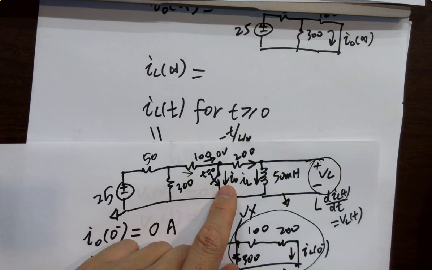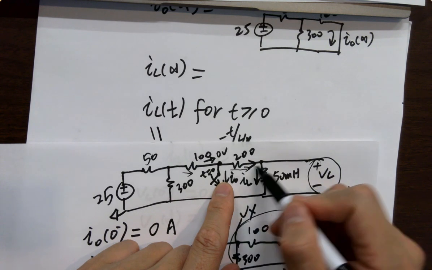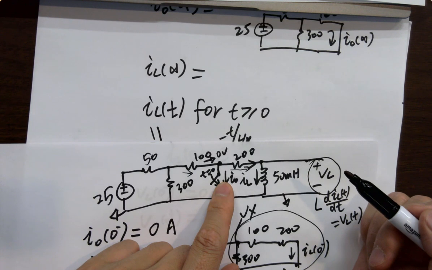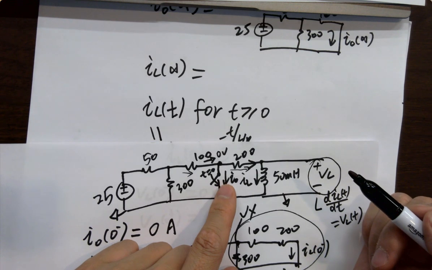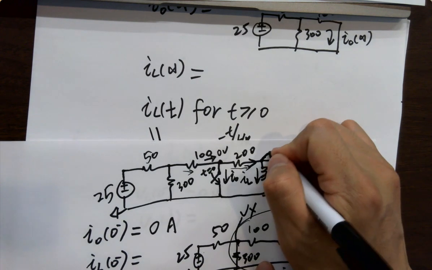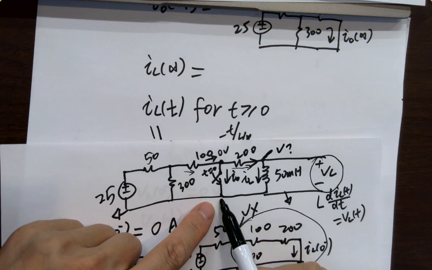Do you know this current is also flowing through the 200 ohm resistor as well? Okay? So what is VL0? It's basically the voltage here, right? What's the best way to do it? If you close it, what's the voltage here?